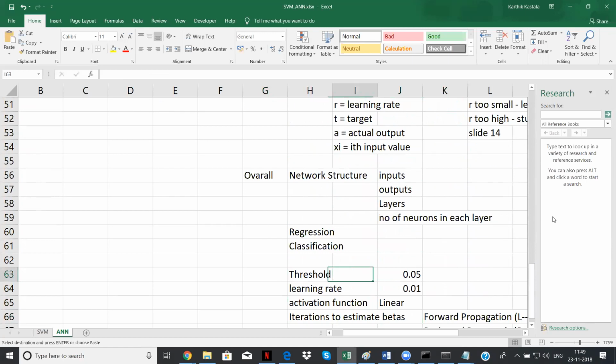Threshold. Let's say you're using a classification model on ANN. ANN always comes up with a probability score for classification. So what threshold are you setting? If you set a threshold at 50%, for example, or 5%, or whatever it is, and the probability is more than that, then it will be classified as an event.